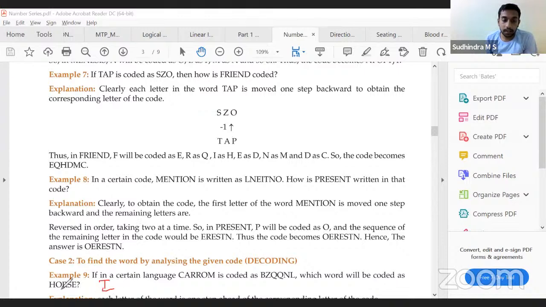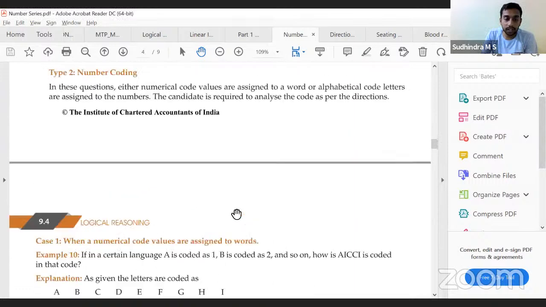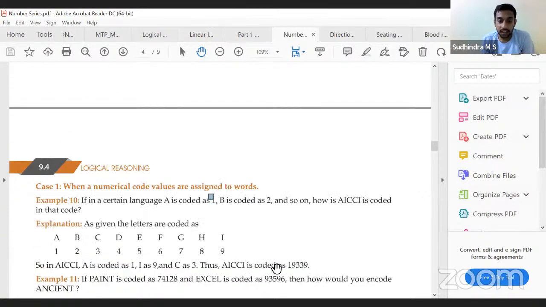I, P, S, S, T, F. IPSTF. So that is the original word. Then number coding. If in a certain language A is coded as 1, B is coded as 2, and so on, how will AICCI be coded? Very simple. 19339. Simple, right? It's just the order. 19339.